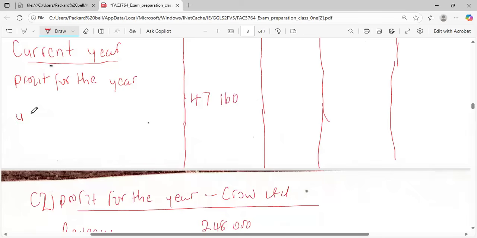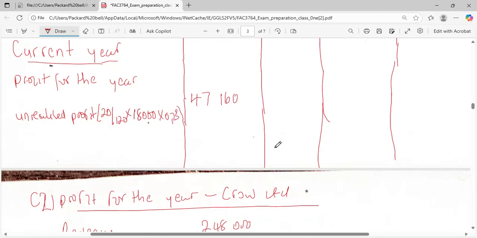Unrealized profit. So it's going to be your 20 over 120 times 18,000 times 0.73.